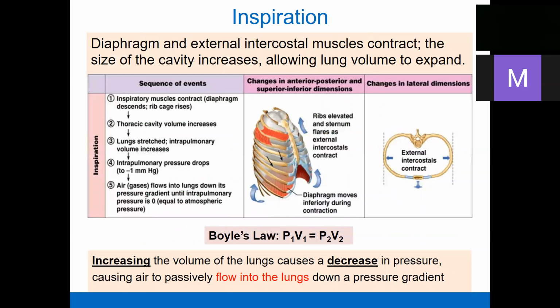Okay, here you see the summary of inspiration, which kind of events we have in inspiration, what is happening in order to get an efficient inspiration, to get enough air in our lungs. It is really important.